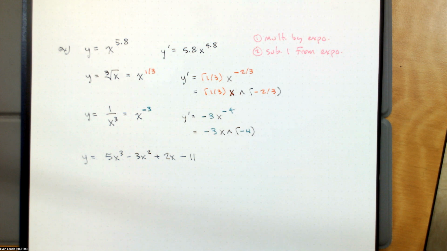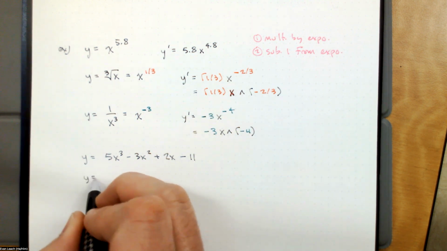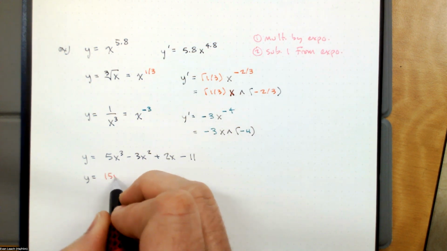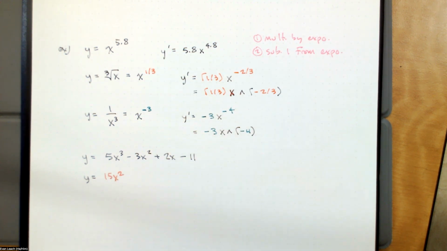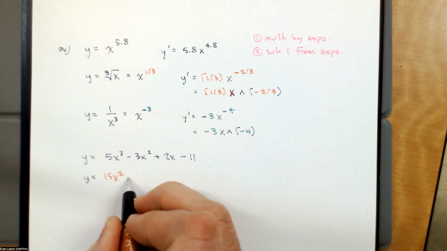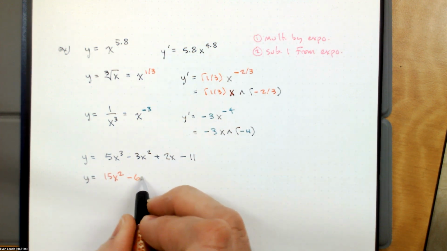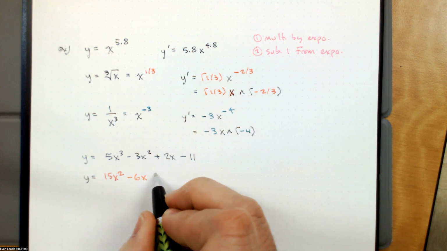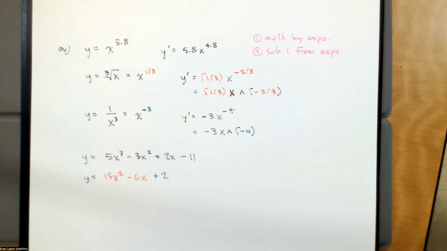I've got a bunch of terms, so we'll just take the derivative a term at a time. The derivative of 5x to the third is 15x squared. The derivative of negative 3x squared is negative 6x to the first. The derivative of 2x is just a 2. And the derivative of 11 is 0, which we won't write.